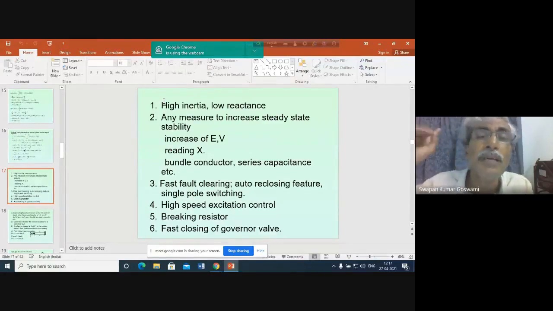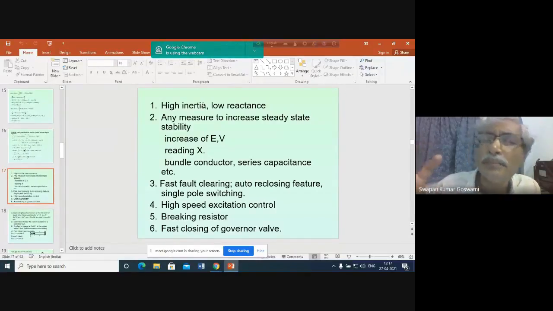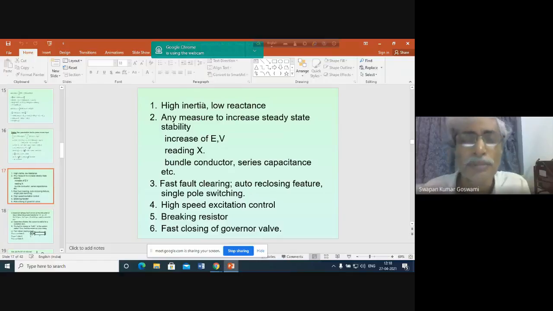That means if the inertia is high, you are in a better position to maintain the stability of the power system because you have more time to apply the controls. From that sense, we can say that high inertia will help maintain transient stability. Okay, is this point clear?